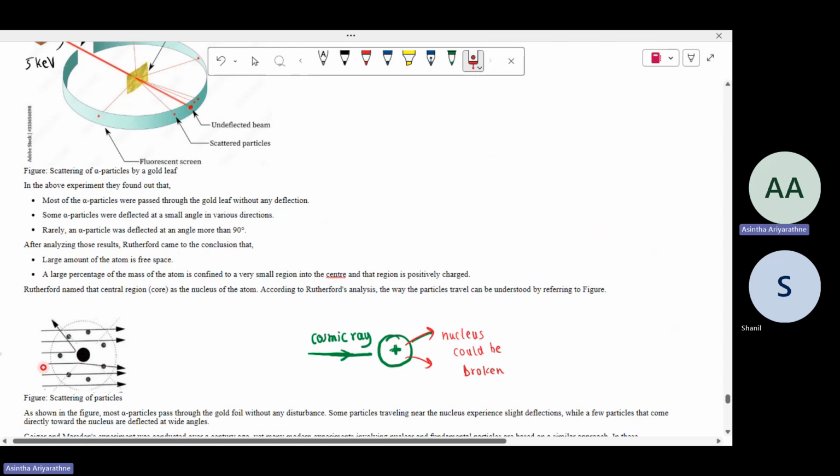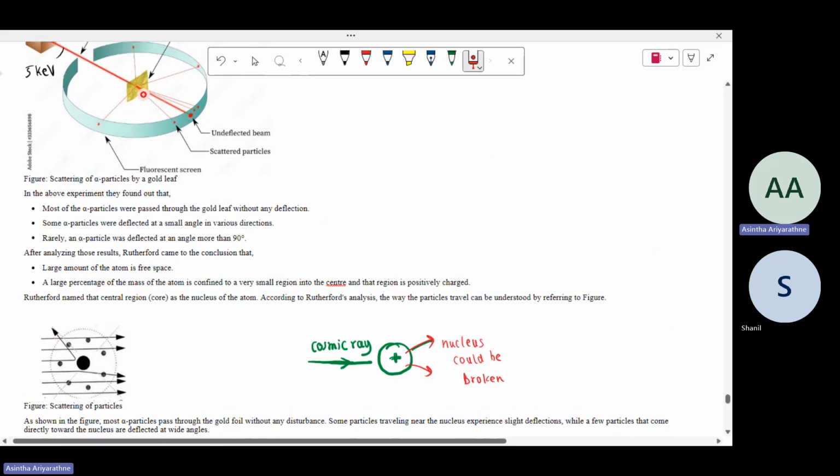But some alpha particles travel closer to the nuclei. The nuclei are positive and alpha particles are also positive, so they get deviated, refracted a bit, and those alpha particles are these lines. There is a very small number of alpha particles which fall directly on the nucleus, which would be reflected back.